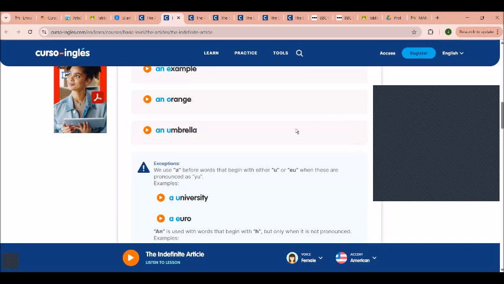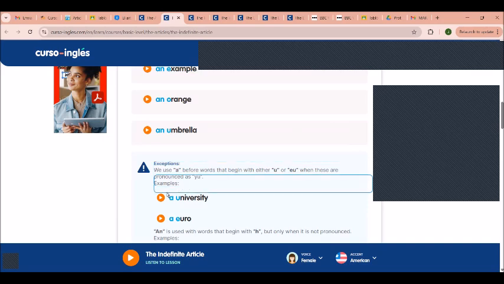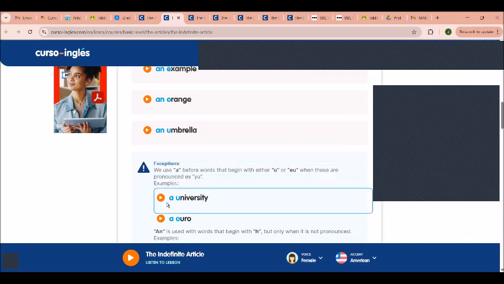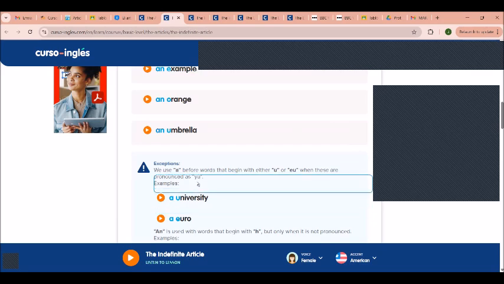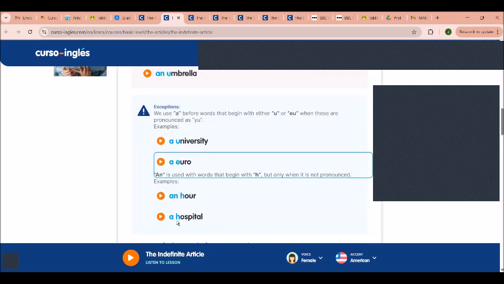So if you hear a different sound, it's probably because it's a word from, say, Latin. All right? And then, of course, you're following the consonant rule. A university, because it's a U sound. A euro.